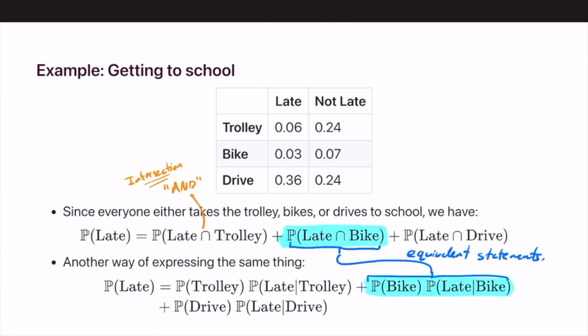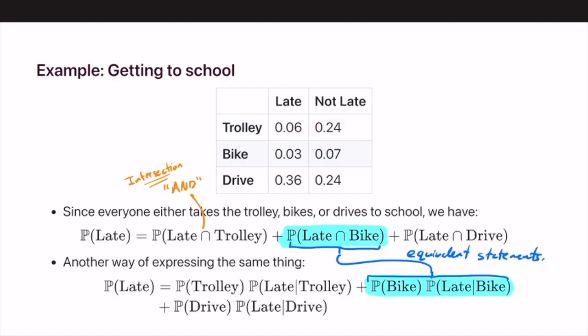So all of the students that we polled for the survey, each one of their outcomes, being late or not late, and whether they took the trolley, the bike, or drove, make up these probabilities, right? Because these probabilities are based on counts.